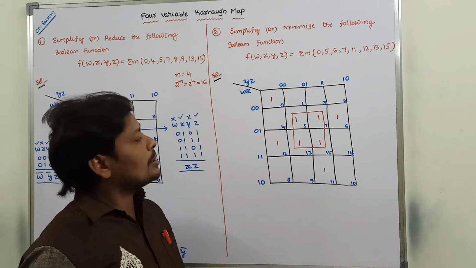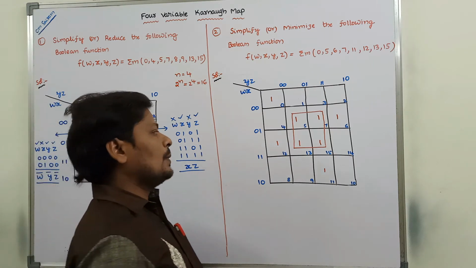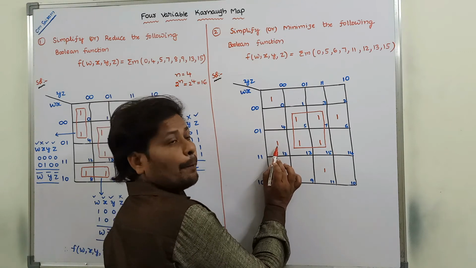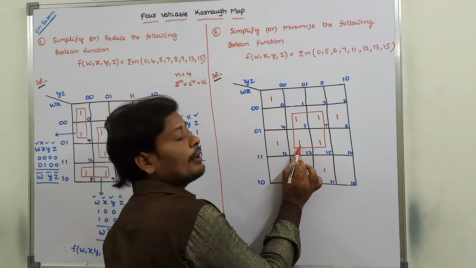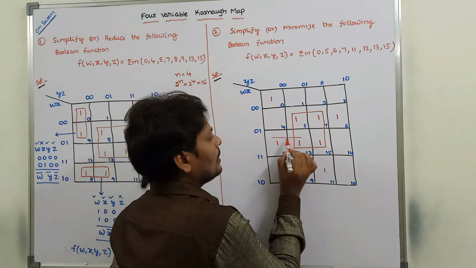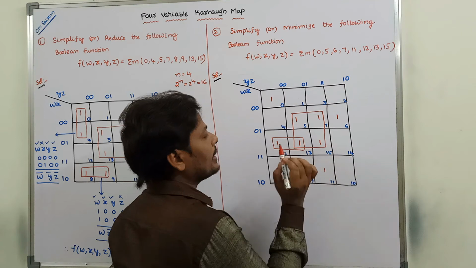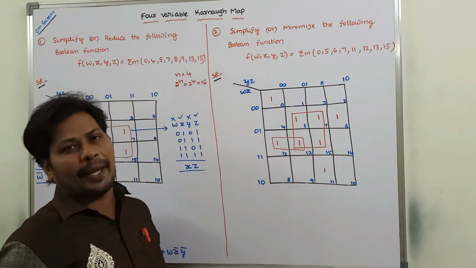Okay. Next priority is given to the pair. This one is paired with this one already in the quad, so this one can be combined with this one and formed as a pair.